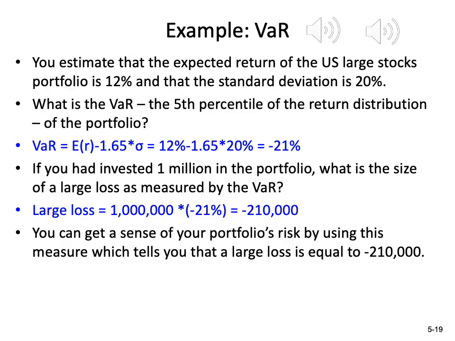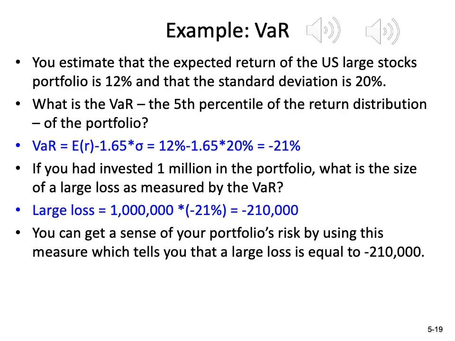We're going to use the following example to show you how to calculate and interpret VAR. The expected return of US large stock portfolio is 12%. Standard deviation is 20%. What is the VAR? Using the 5th percentile of the return distribution. If you check the one-tail test of the normal distribution on any statistics books, you will find the cutoff value is 1.65.